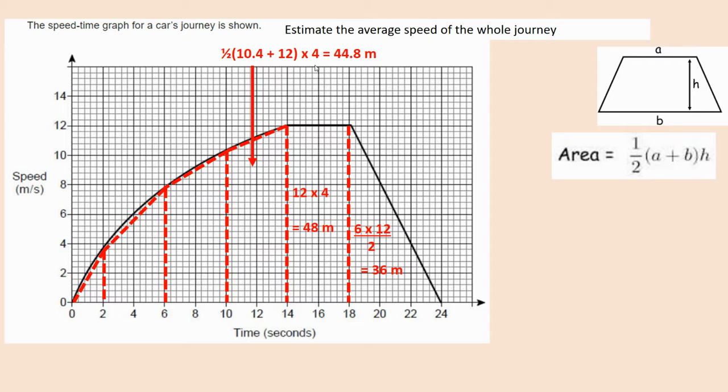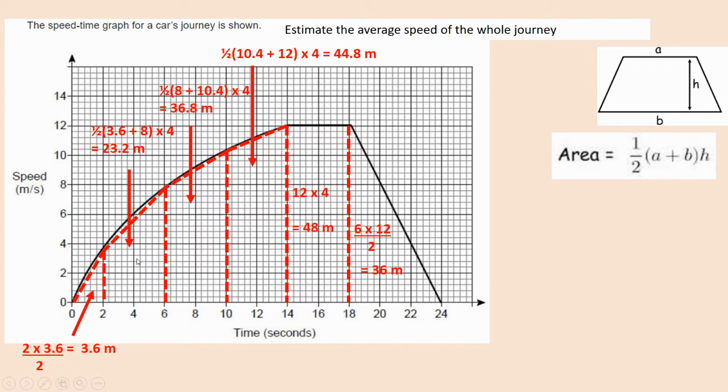Again, I'd like you to pause at this point and see if you can work out the areas of the remaining 3 sections, and when you're ready for me to go through that with you, hit play again. Okay, so the next section down should have been a half of 8 plus 10.4, again multiplied by 4, giving us 36.8 meters.